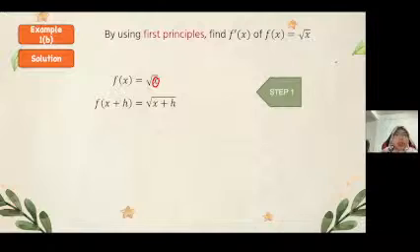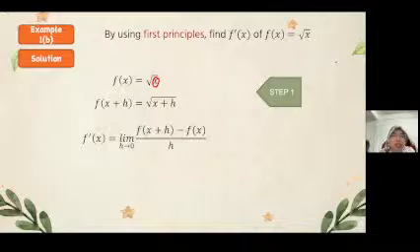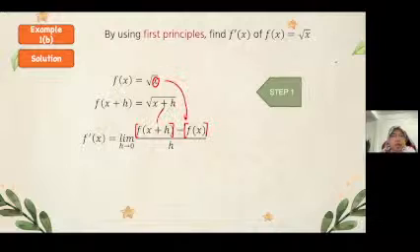And then you're going to substitute into the formula where we have f prime of x is equal to the limit as h approaches 0 for f(x+h) minus f(x) over h. Okay, so we are going to replace this with the square root of x+h, and then we are going to replace the f(x) with square root of x. So just replace them.